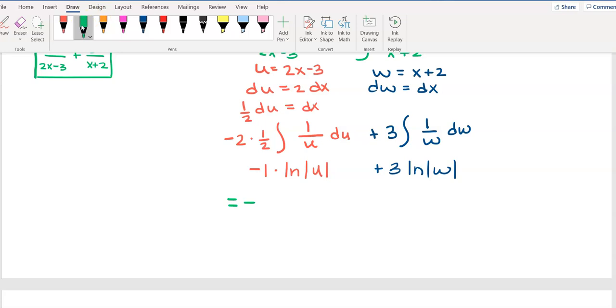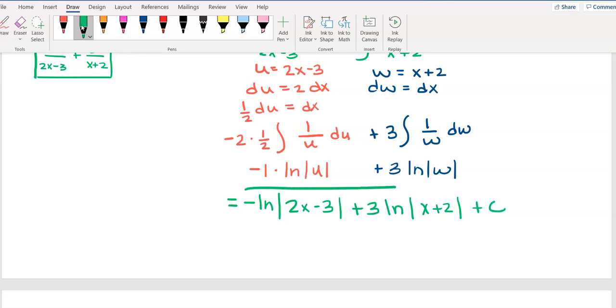So we should have negative ln of the absolute value of 2x minus 3 plus 3 times the ln of the absolute value of x plus 2. And then because these were undefined, we do need to have that plus c there. So our answer is right here for us.